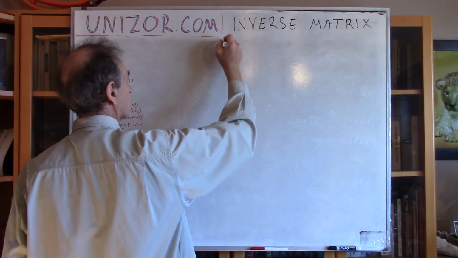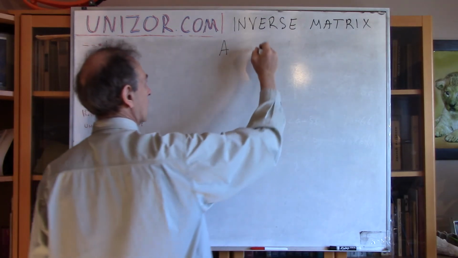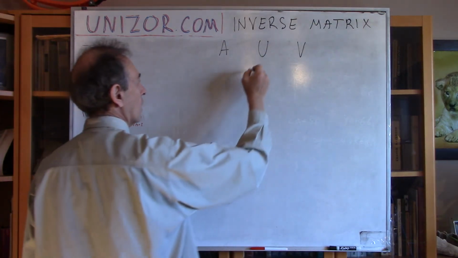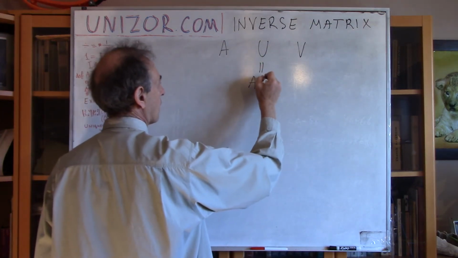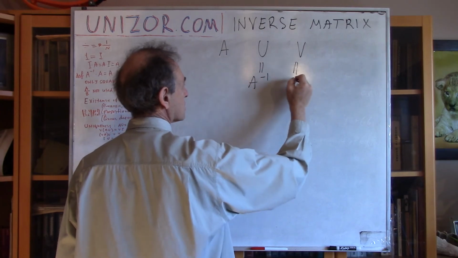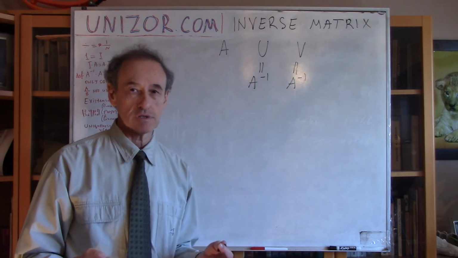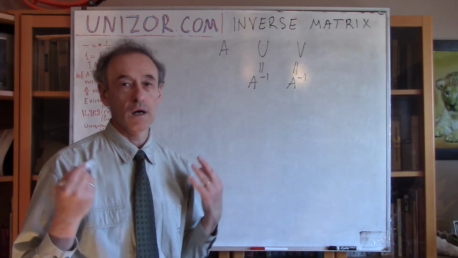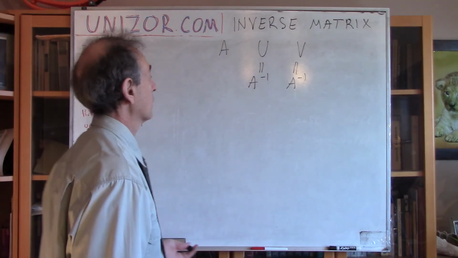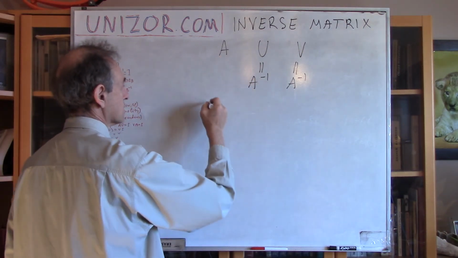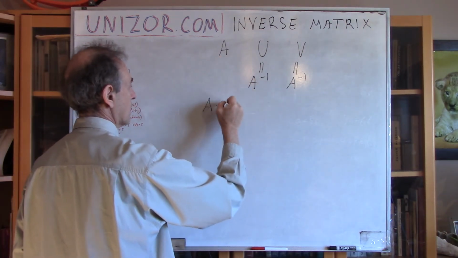If you have a matrix A and two different matrices, U and V, both of which are inverse to it, I would like to prove that these matrices U and V are the same. If both are inverse, then I can write this.